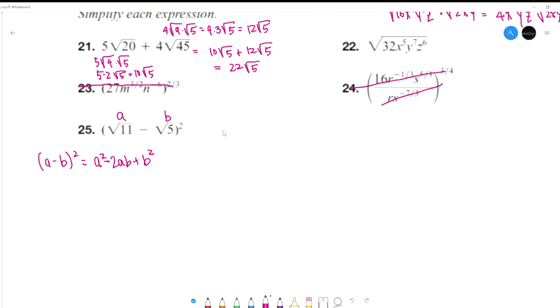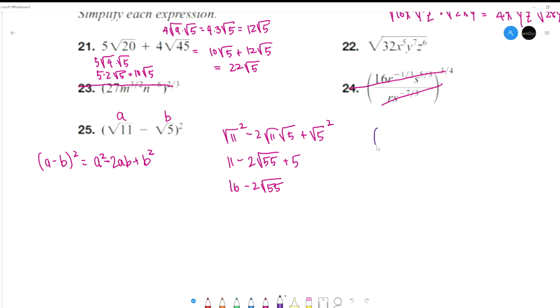So you can do radical 11 squared minus 2 times radical 11 times radical 5 plus radical 5 squared. That's the formula way, right? This is 11 minus 2 radical 55 plus 5. And 11 plus 5 is 16 minus 2 radical 55. That would be our solution.